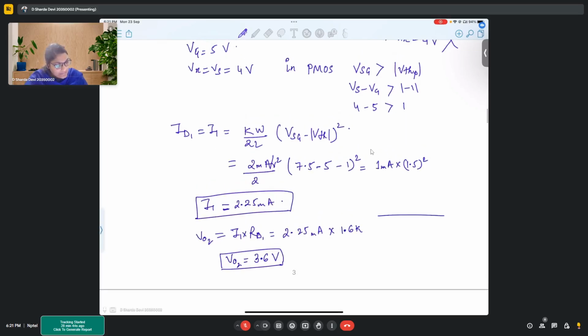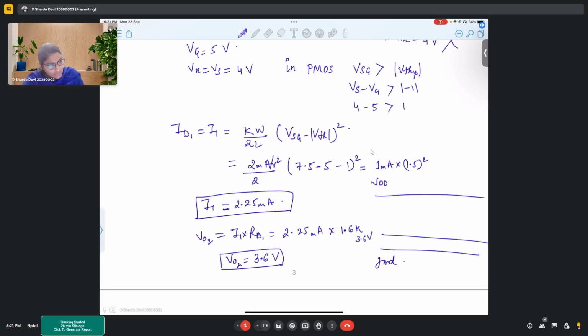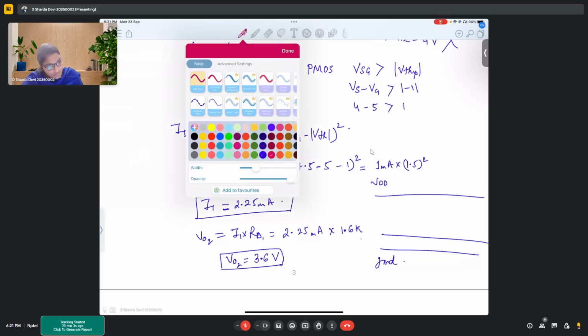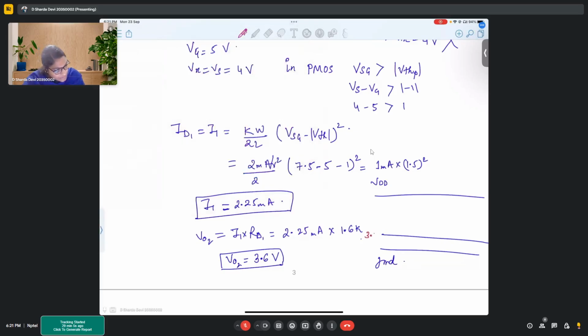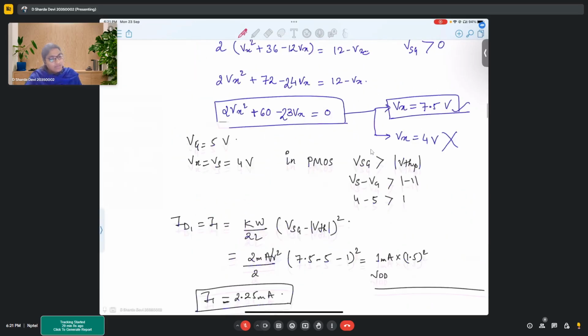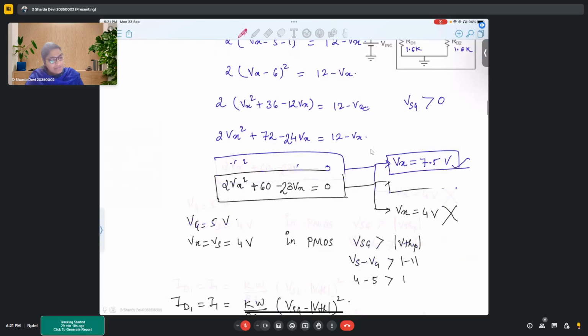Now, let's say this is your VDD, this is ground rail, and here somewhere is 3.6 volts. So your output is at 3.6.